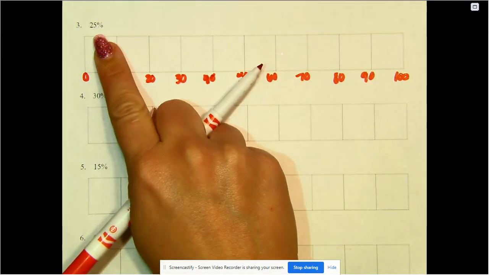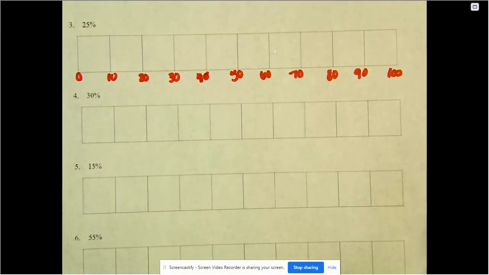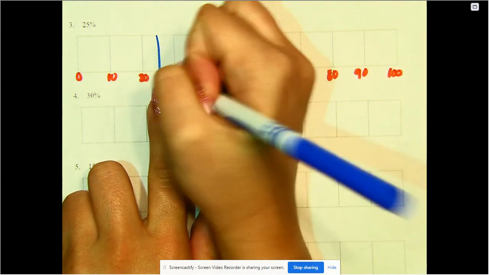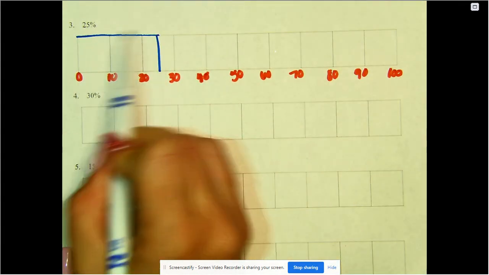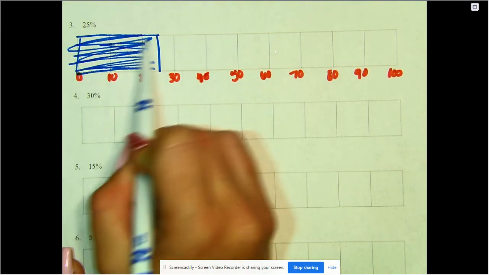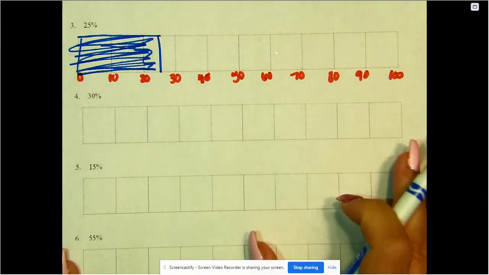Okay, this one's saying 25%. Okay, so where would 25% of this particular bar be located? Well, 25 happens between 20 and 30, so I'm going to put a halfway line there, and then you would shade in this portion. This right here represents 25% of 100.